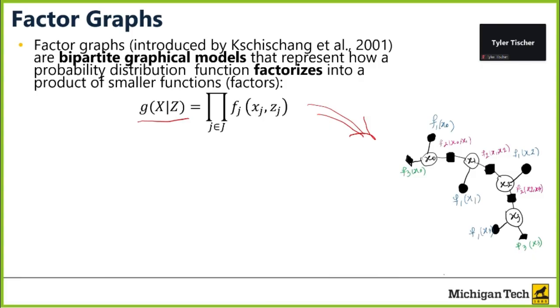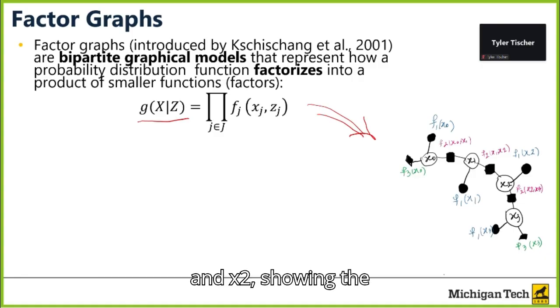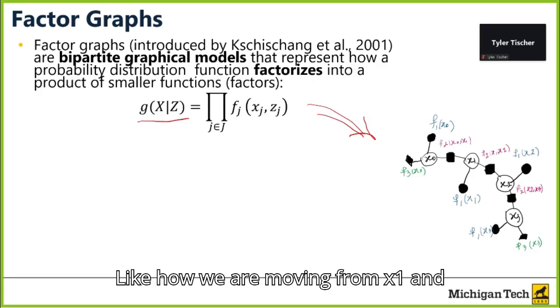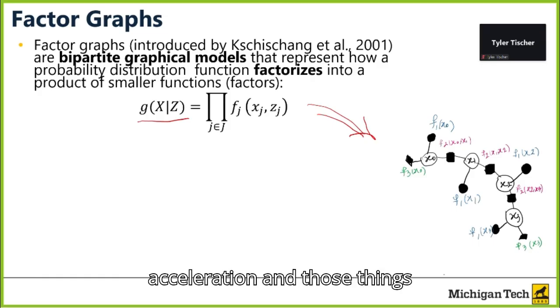This rectangle one, or square one, between x1 and x2, shows the dynamic transition between x1 and x2, like how we are moving from x1 to x2, coming from velocity and acceleration and those things. And so forth.